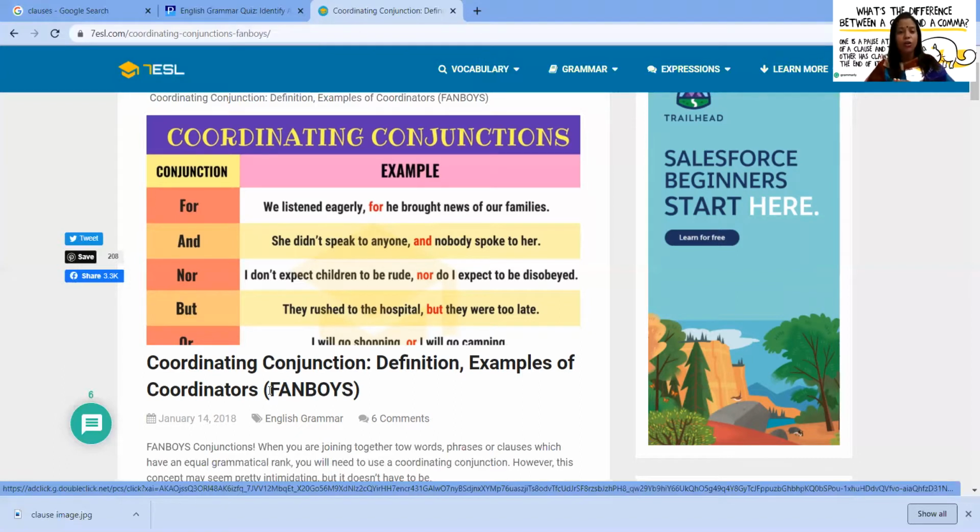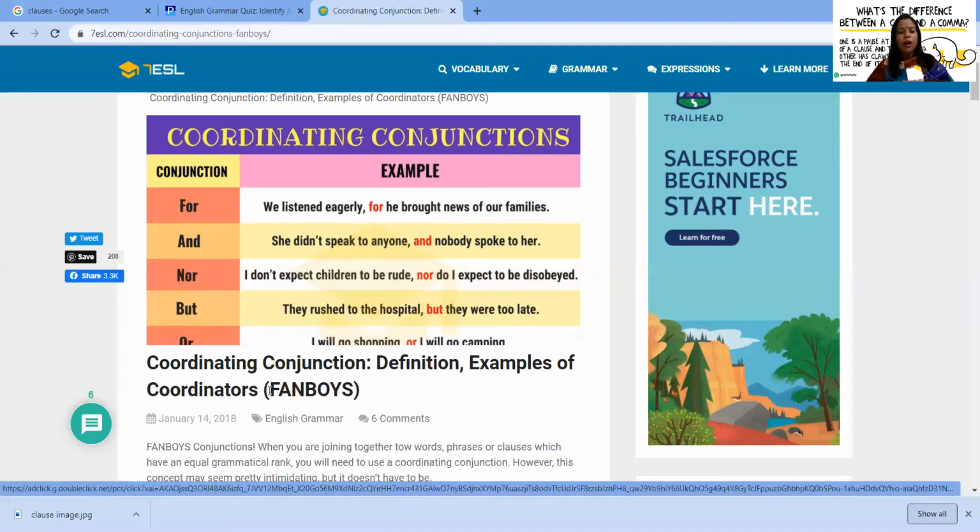In a clause, you have to remember these conjunctions very well, because they play a very important role when we study clauses. So before I proceed with the adjective clause, let's take a quick look at the conjunctions, specifically the coordinating conjunctions, and then we'll switch to the subordinating conjunctions as well. Just a brief look.